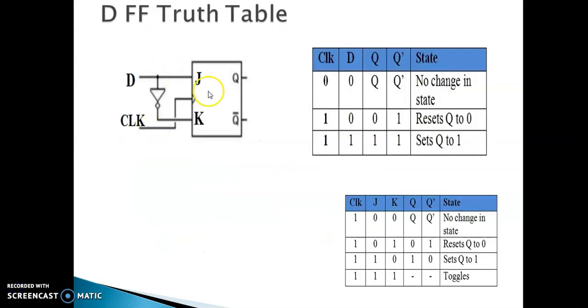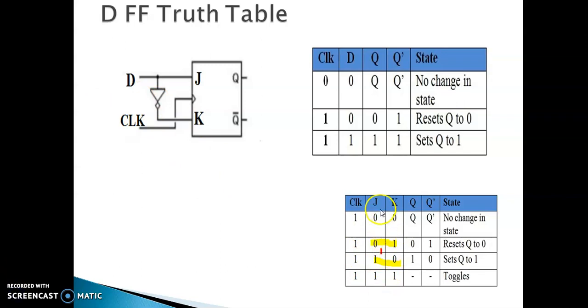Now we will see the truth table for the D flip-flop. As it is a simplified version of the JK flip-flop, let us refer to the JK truth table, in which J and K should not be the same. That means the second and third conditions, when J and K are inverted.